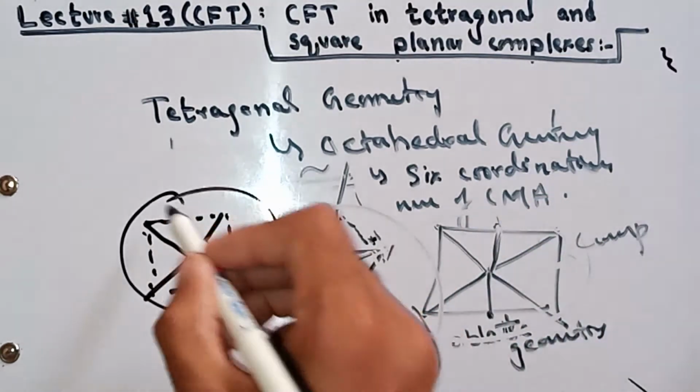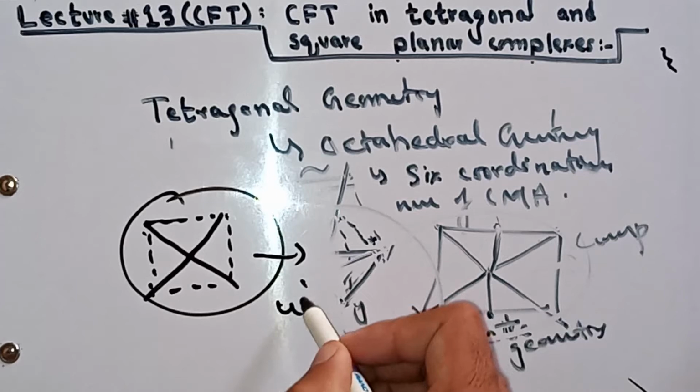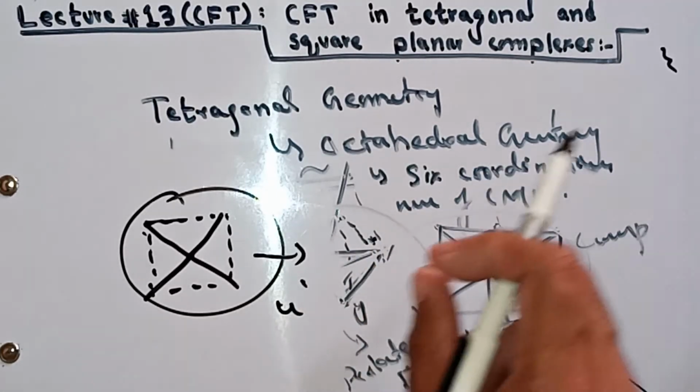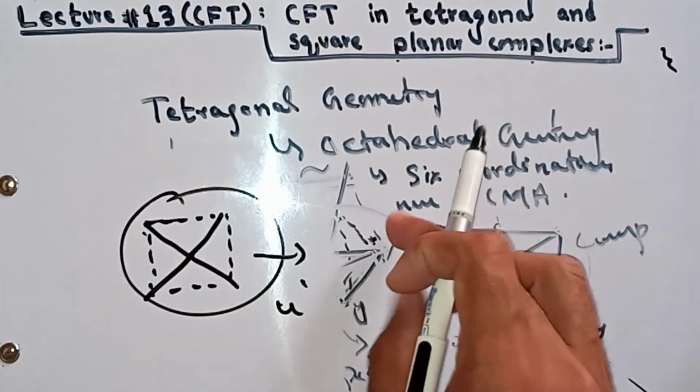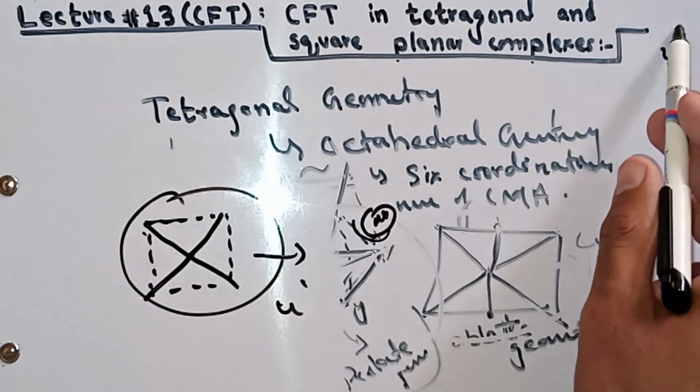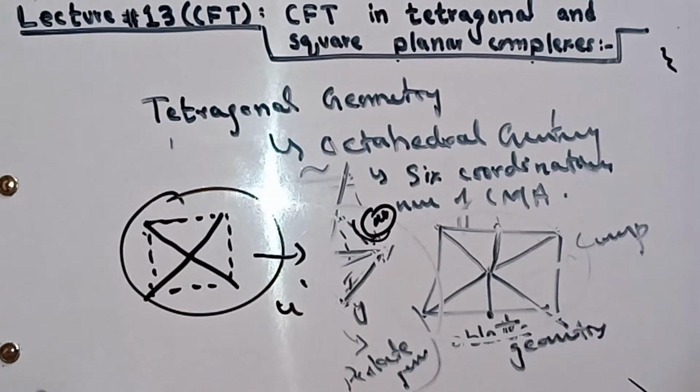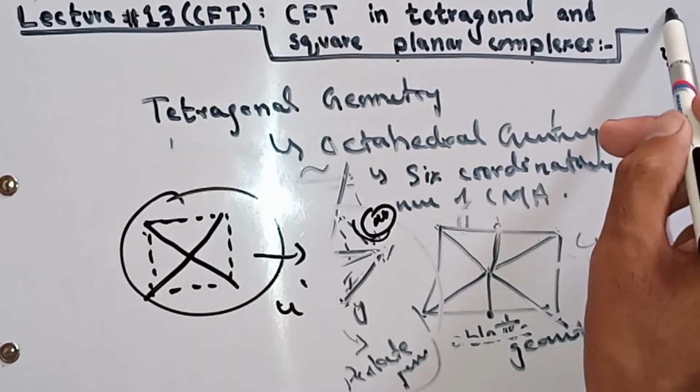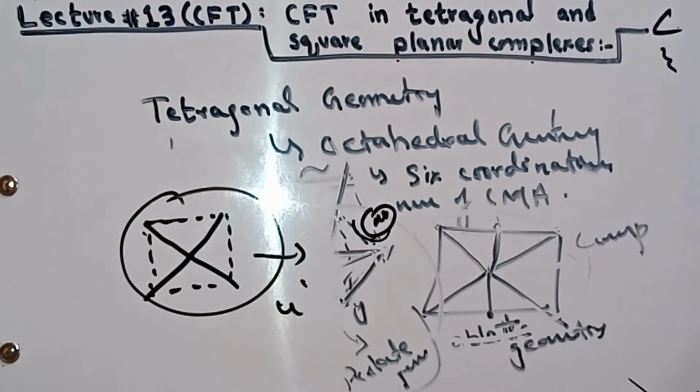This structure uses four ligands: in the center there is a metal, and in each corner, in this corner, this corner, this corner and this corner, different ligands are used.